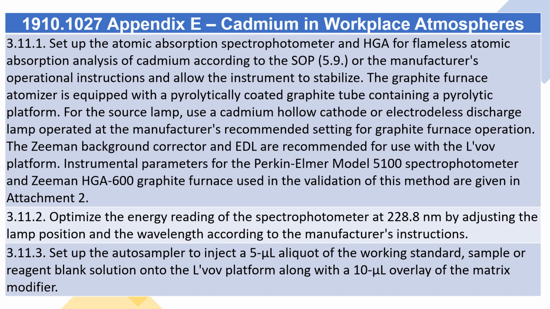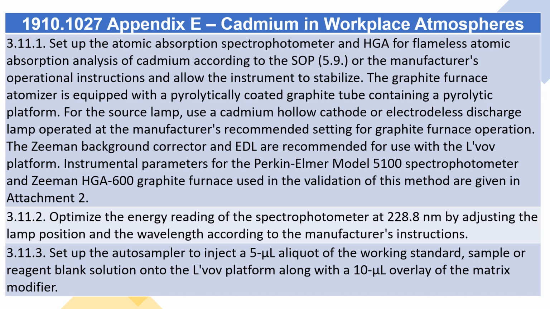For the source lamp, use a cadmium hollow cathode or electrodeless discharge lamp operated at the manufacturer's recommended setting for graphite furnace operation. The Zeeman background corrector and EDL are recommended for use with the L'vov platform. Instrumental parameters for the Perkin-Elmer Model 5100 spectrophotometer and Zeeman HGA 600 graphite furnace used in the validation of this method are given in attachment 2.